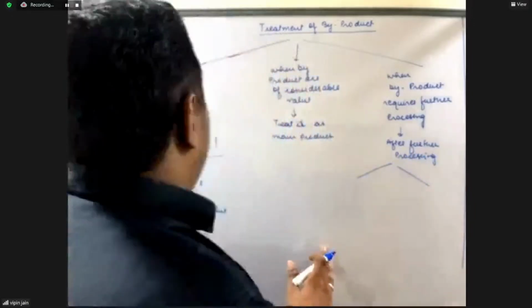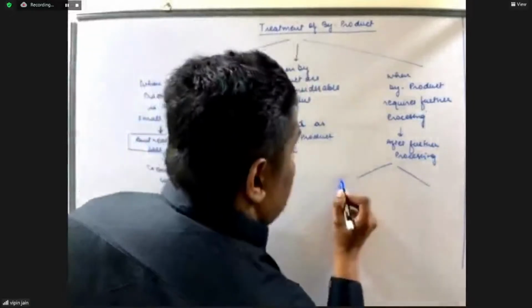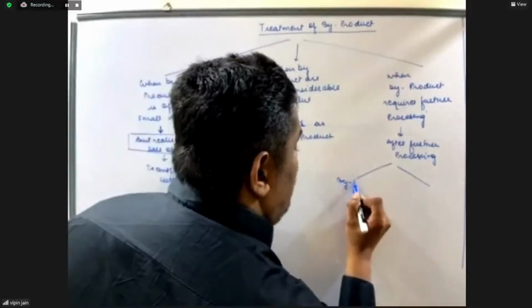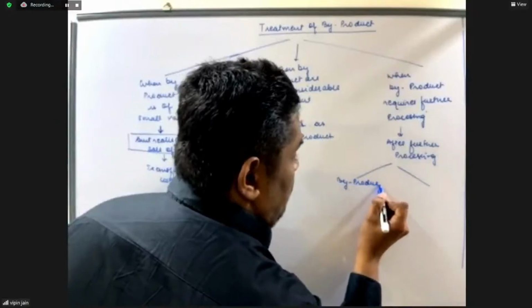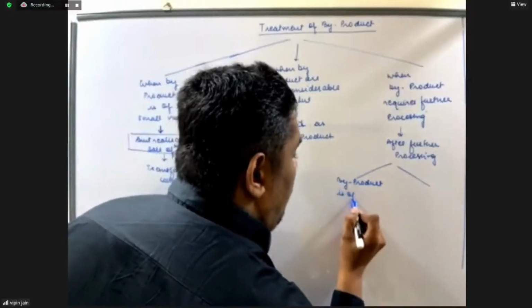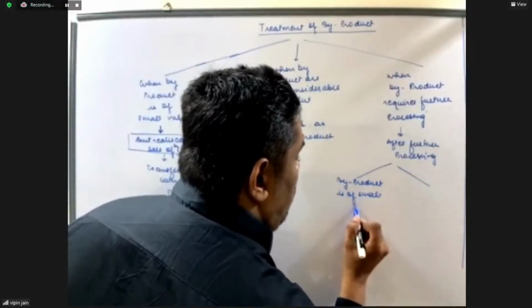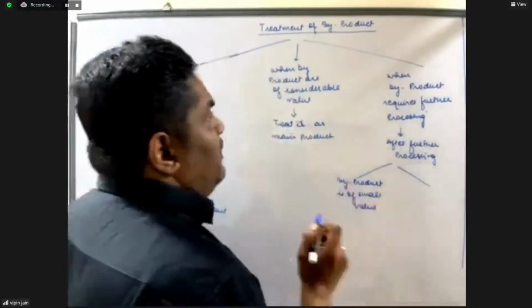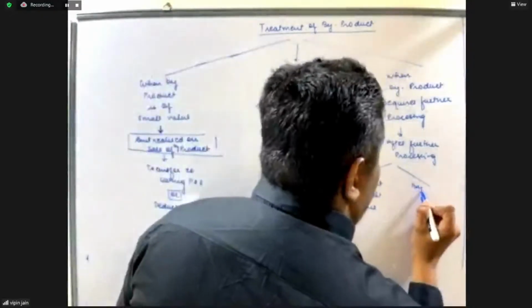again two parts. Byproduct is of small value, and byproduct is of considerable value.